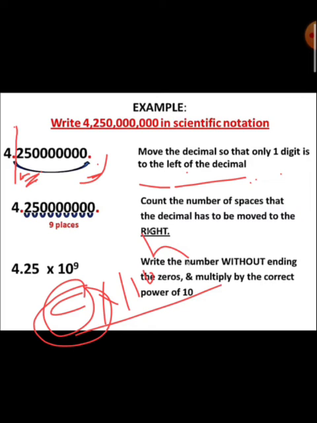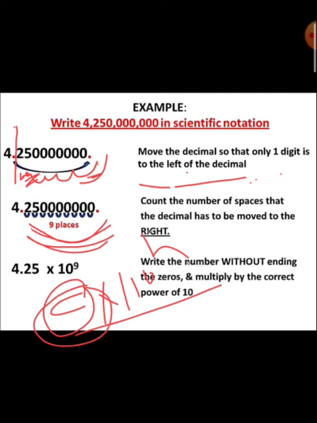So before the decimal there will be only one number, like here. Suppose the decimal is here, and we move the decimal one step each time. How many steps do we move the decimal here? 9 places from here to here.